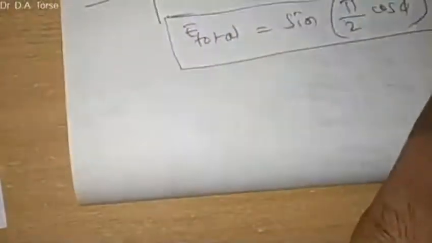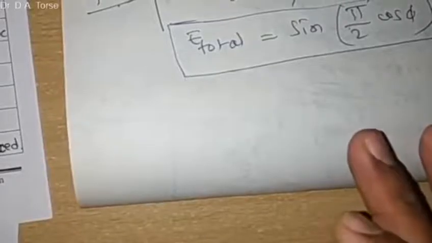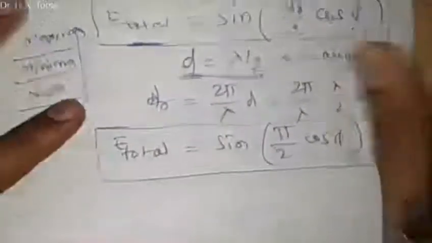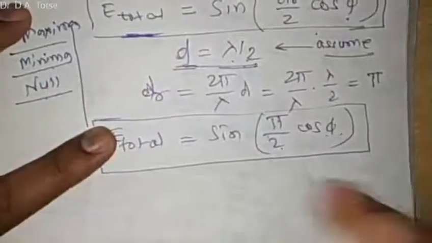For maxima, there is a small substitution, and this is a value which is computed by experimentation. It is not any mathematical analysis. It is through experimentation that it is found that for this particular array, if you want the maxima value, then the term inside this equation's bracket, which is pi by 2 cos phi, is to be, I write 3 cases separately now.